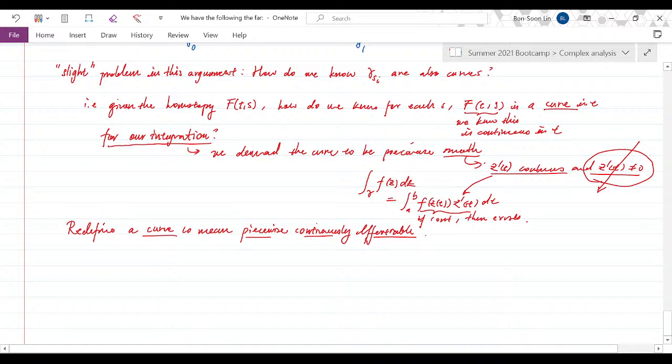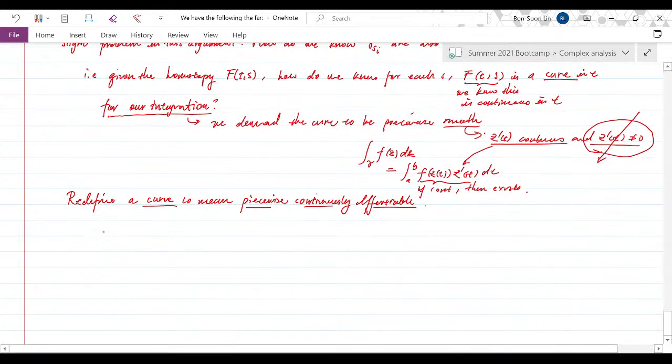All right. So now, given two curves, here's the idea to make this work. Given two curves, gamma 0 and gamma 1, okay. First, let's say they are homotopic, and I'm going to use big H this time for homotopy, just because.